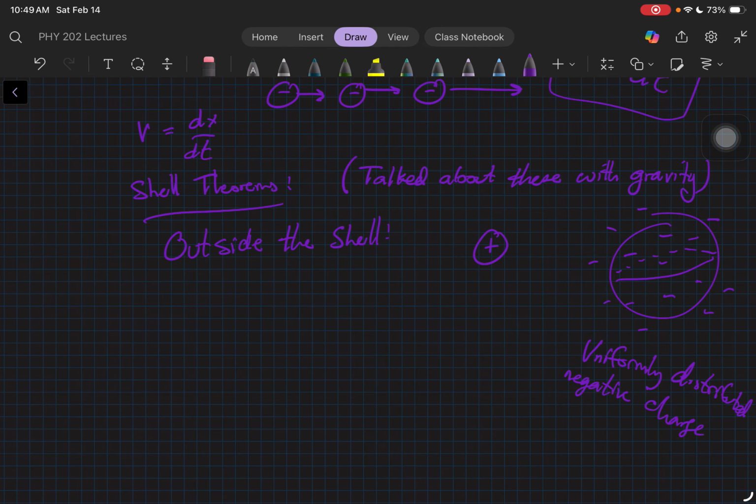Right, so you can think about if maybe charge was icing on a cake, and you're going to take it and you're going to cover this sphere with a uniform thin layer of that. Now you have the same amount everywhere, and it's uniformly distributed.